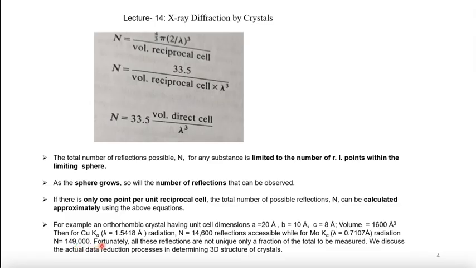This is a huge number of reflections, but we should not worry about it. All reflections are not unique reflections, and therefore when we measure, according to the crystal structure and symmetry, we can reduce this data, which we will talk about when we discuss single crystal data reduction.